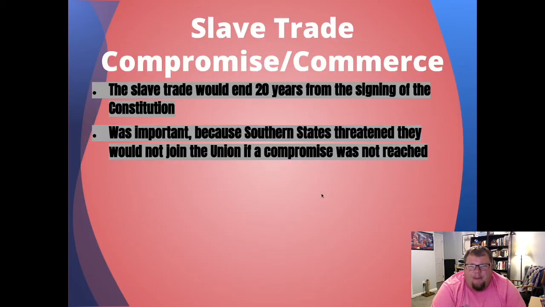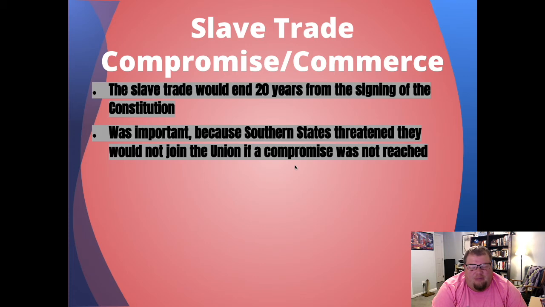Now, the last compromise that we're going to look at is the slave trade compromise. Under this, the southern states agreed that the federal government was going to be able to regulate interstate commerce and commerce around the world, or create treaties and things like that, as long as the slave trade didn't end for another 20 years.